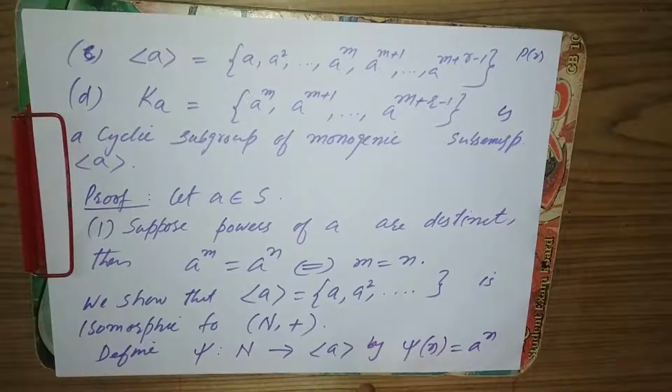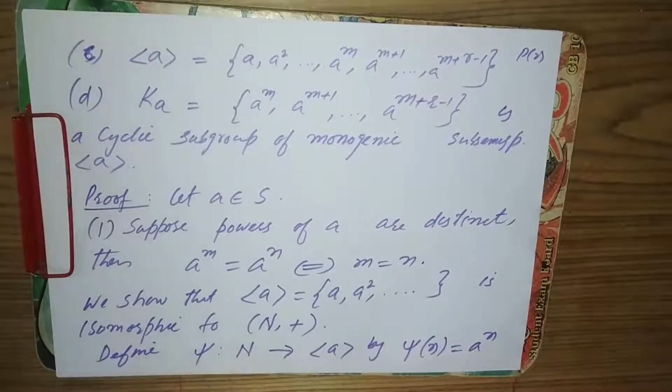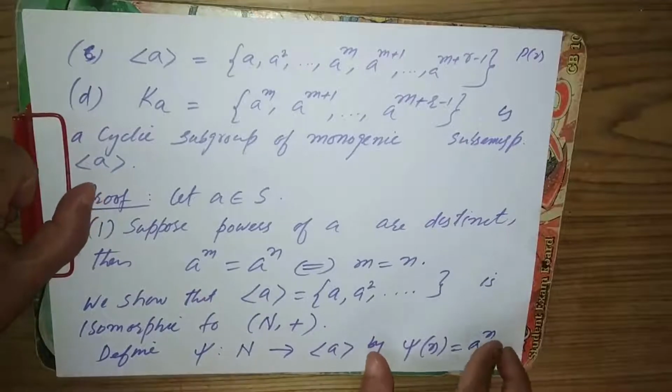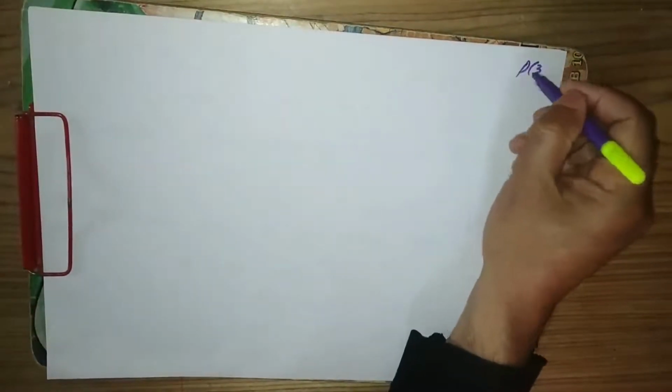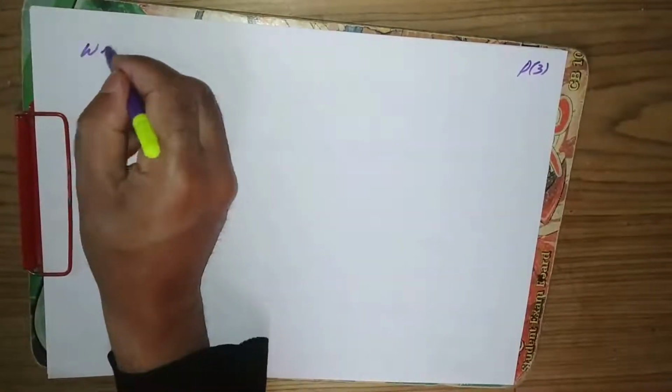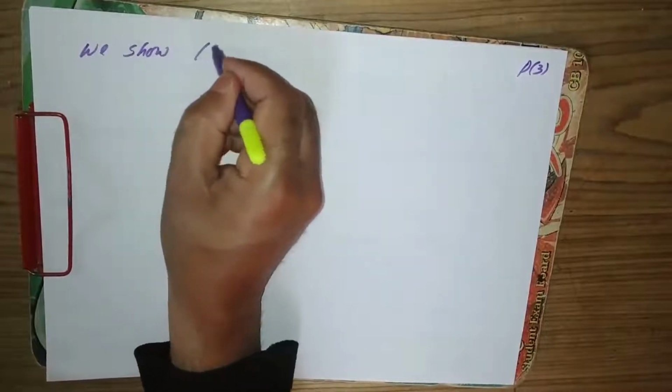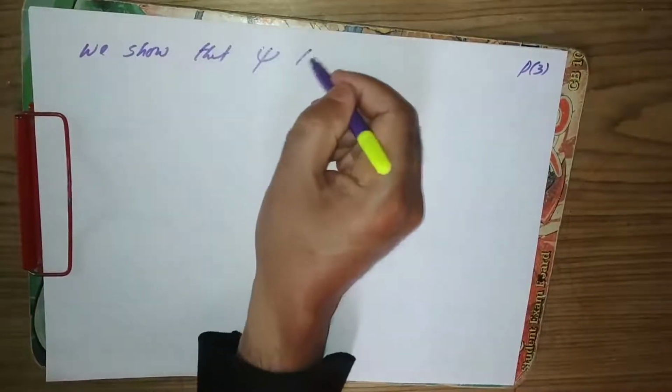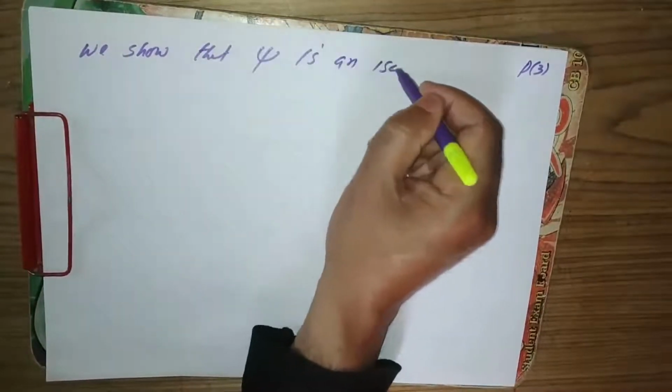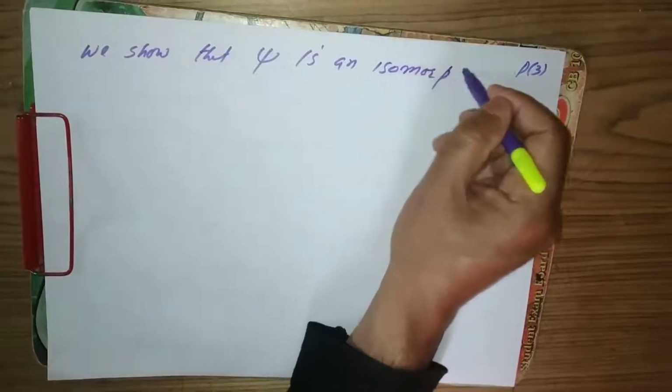We will show that this map is bijective, and it is also a semigroup morphism. We show that psi is an isomorphism.